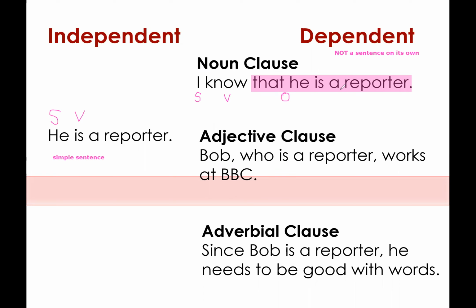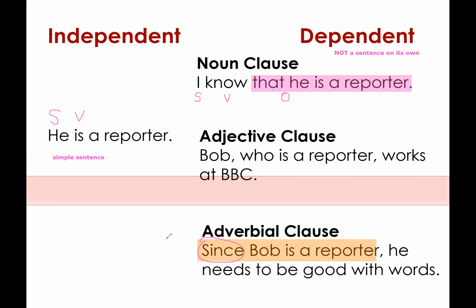I know something, right? And of course, let's go to the adverbial clause. We have an adverbial clause here: "Since Bob is a reporter, he needs to be good with words." Remember our part of speech lesson on conjunction. Since is a subordinating conjunction.